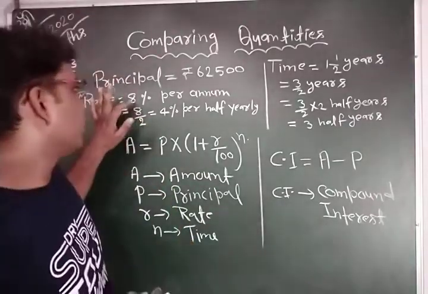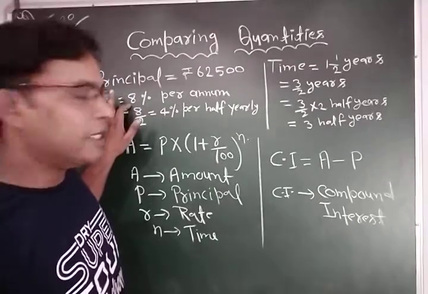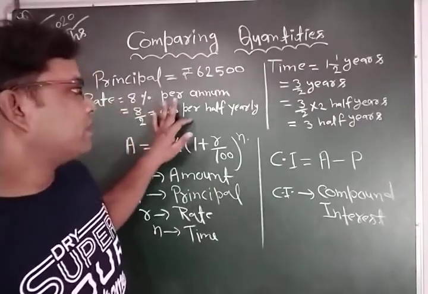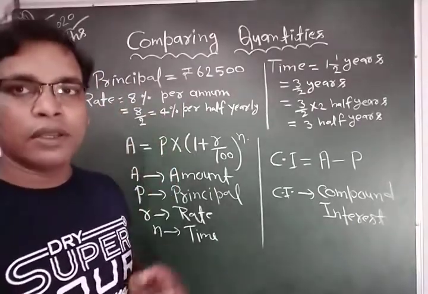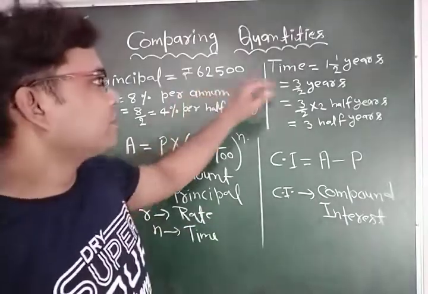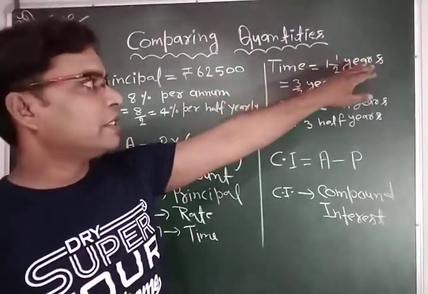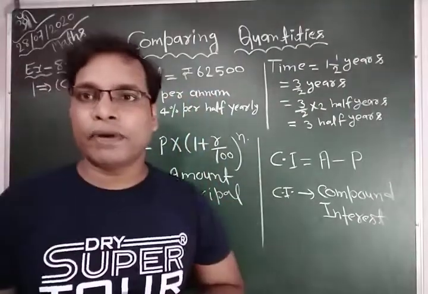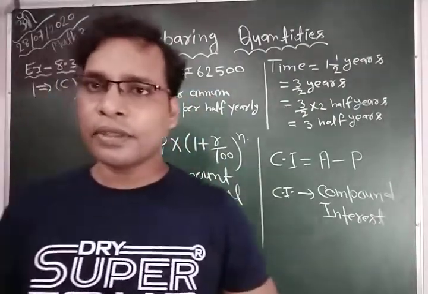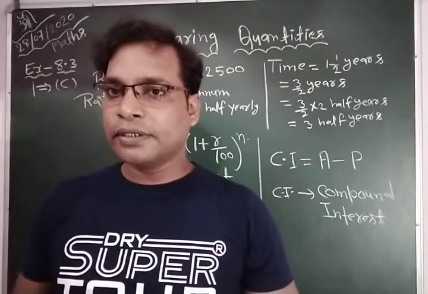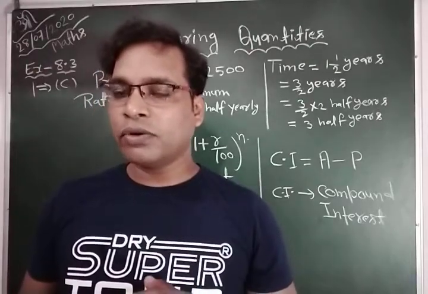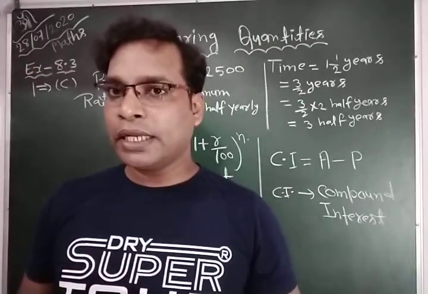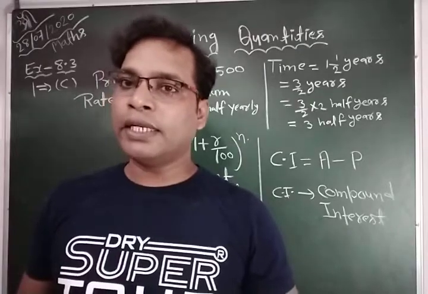We divide the rate 8 by 2 and obtain 4% per half year. The time and rate are given in years, but we want half yearly.